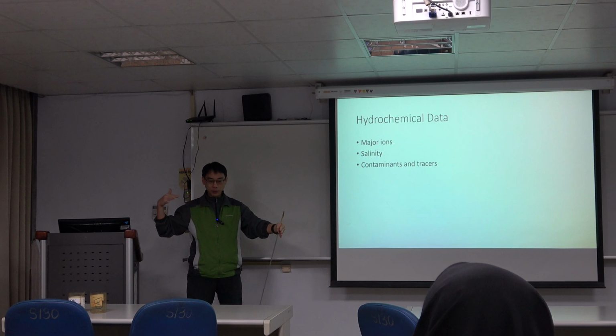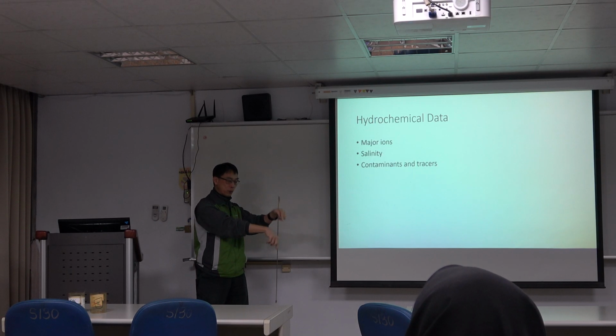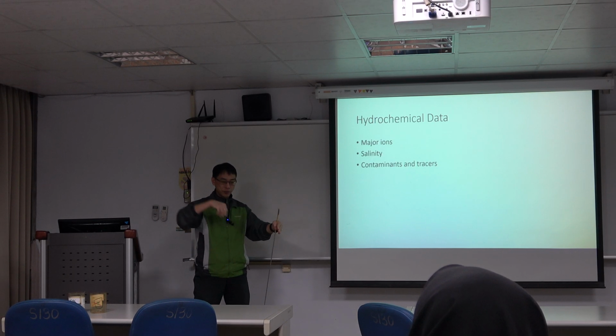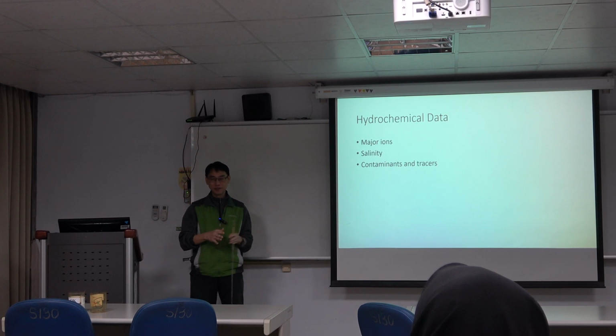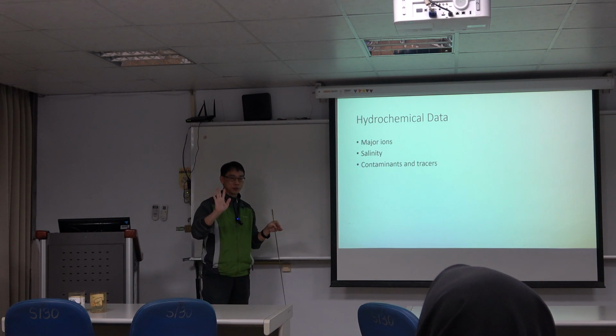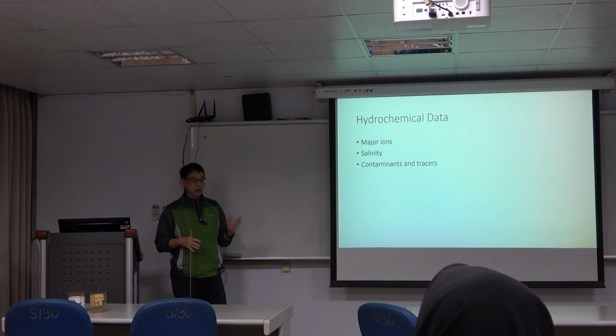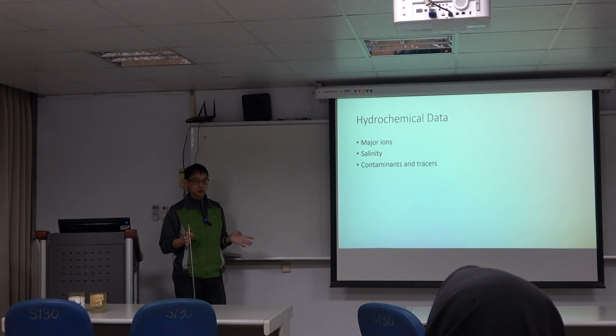Even though you know that the flow path is from this way to that way, and you have wells here, maybe several wells, you put the tracers just 10 meters away and you cannot find anything. Disappear, okay. It might penetrate to very deep or to another place, you don't know. Because the fracture system connection is very complex, it's not easy to use the tracer test.